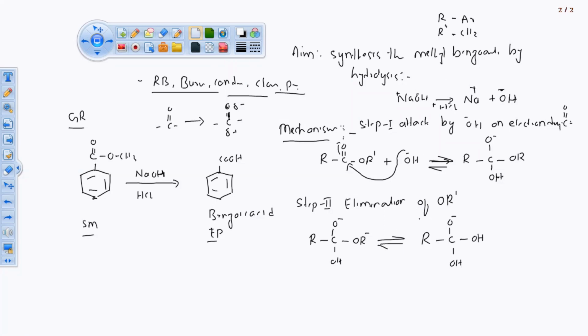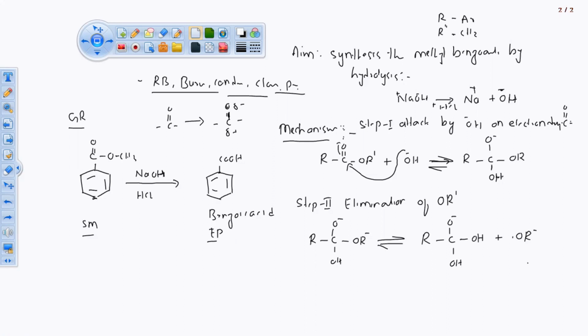Now to eliminate this OR, we are going to make it hydrolyzed. When we are hydrolyzing, OR will get eliminated and OH will get added into the product. OR got eliminated, so we got OH over here.